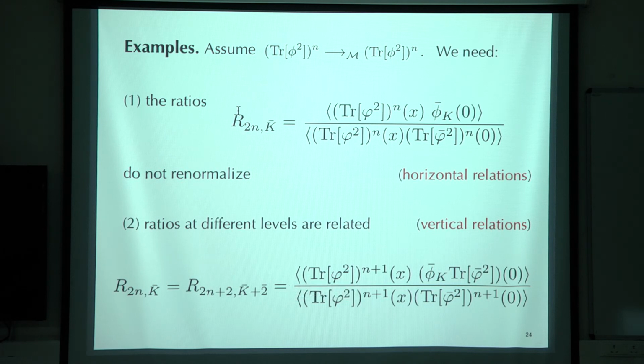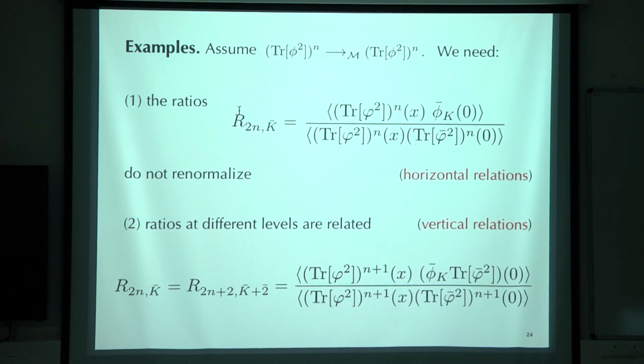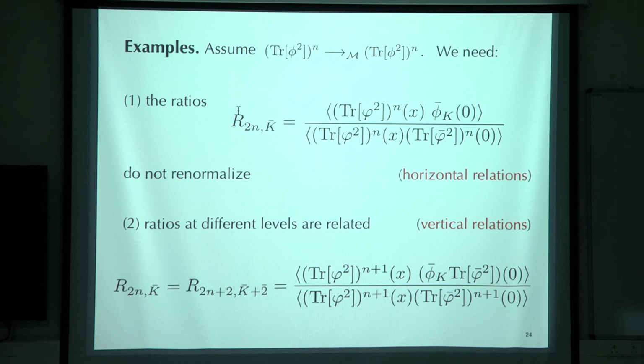So suppose that we do a rotation that basically doesn't touch this operator. So you go from this operator to this operator again, okay? But you basically decouple it from all the other degenerate chiral primaries. Now, for the horizontal relations in this case, I will require this ratio of 2-point functions in the original basis not to renormalize.